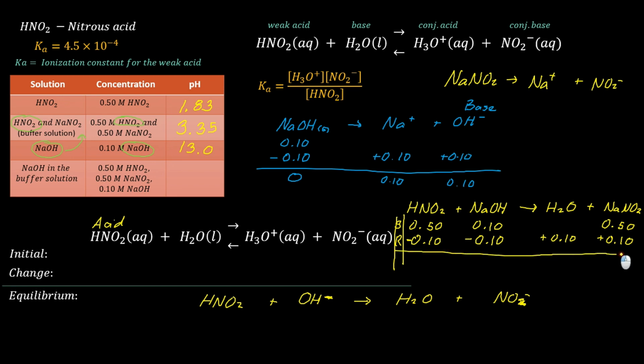Alright, so at the final concentration, our nitrous acid from 0.5 is now reduced to 0.4. We will be placing that here. Our salt from 0.5 will now be 0.6. And then, once it is formed, of course, it's just going to be 0.6 there.